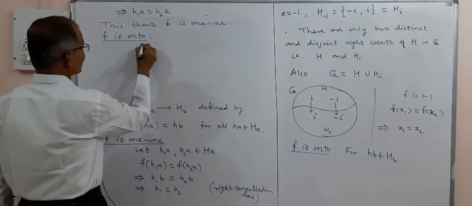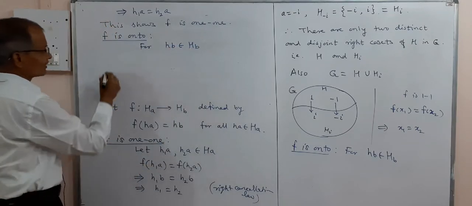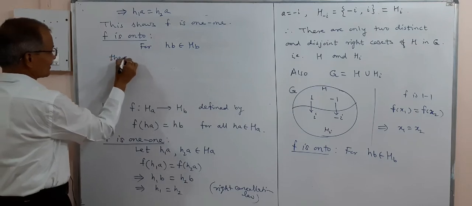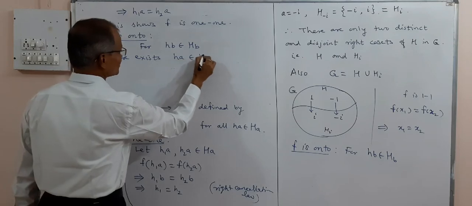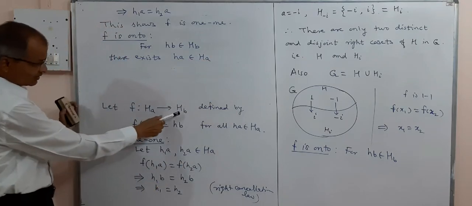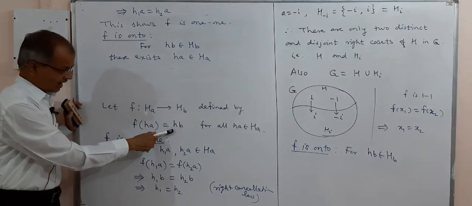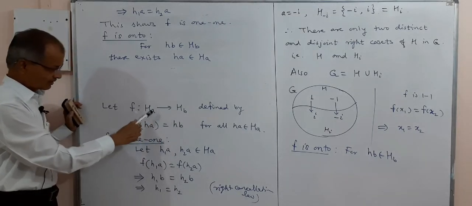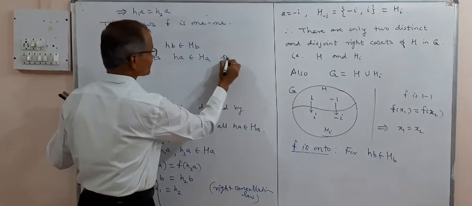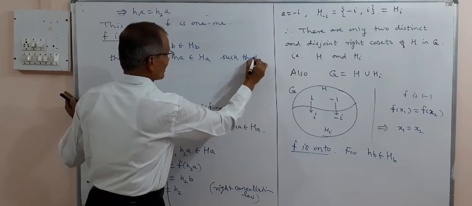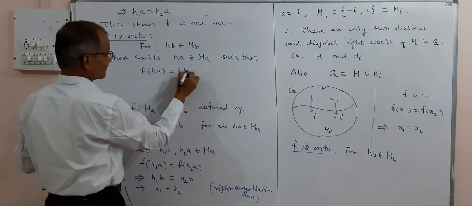Now we can consider hb belonging to Hb. Every element in this is of the form hb, and corresponding to this element there exists an element ha in Ha such that f of ha is equal to hb.